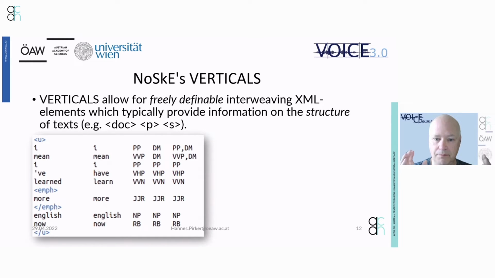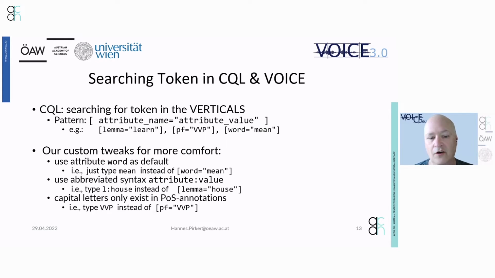You can put in whatever you want. In VOICE, we use XML elements for structuring the verticals into utterances, but we also use them for encoding things like emphasis, as you see in this example.